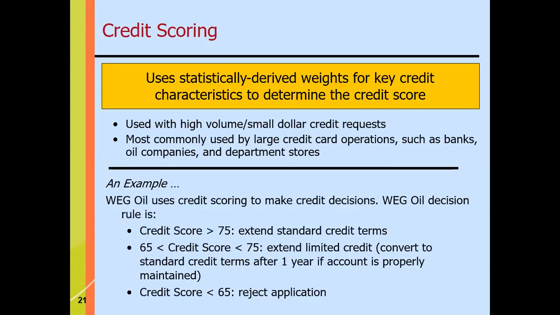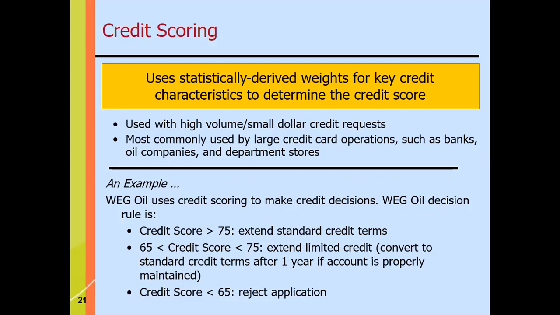Here is an example. Let's say WEG Oil uses credit scoring to make credit decisions. And then WEG Oil's decision rule is if a credit score is greater than 75, we extend the standard credit terms. If the credit score is less than 75 but greater than 65, we extend limited credit.